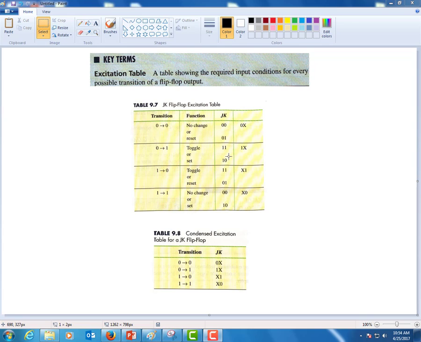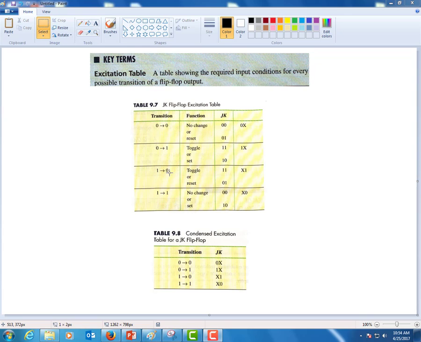In either case, with this transition, if J and K are either one of these values and then the flip-flop is clocked, then the output is going to be in the set state. In other words, Q will be 1. J must be 1, K can be either 0 or 1.